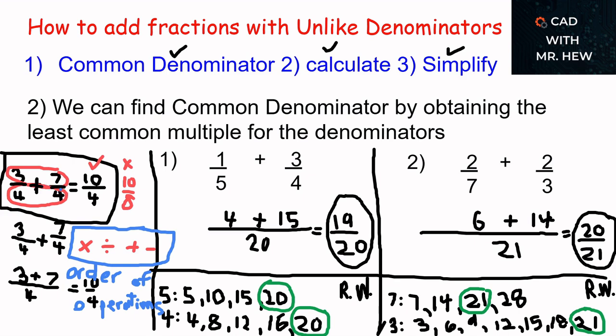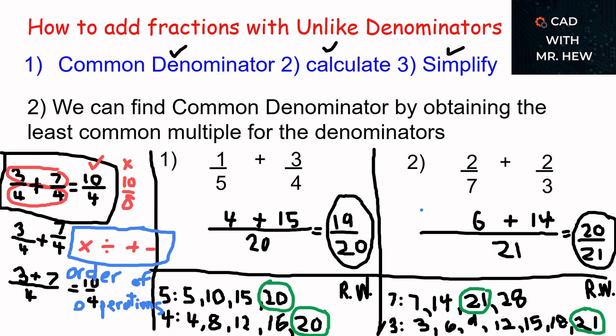And if you added it, you would have added before you divide, so you would have gotten an incorrect answer. So we showed you this to show you that we need to have a common denominator in order to add fractions. And then we did 2 questions, 1 and 2. We showed you how to get the least common multiples for the denominators for both questions 1 and 2.